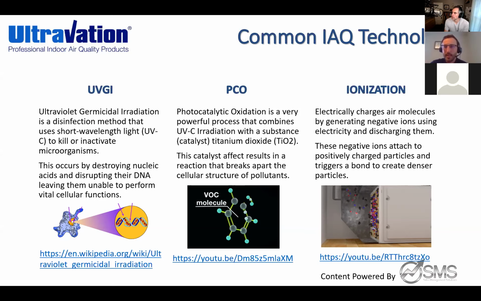And then we have ionization, which electrically charges air molecules by generating negative ions using electricity and discharging them. These negative ions attach to positively charged particles and trigger a bond to create denser particles. You will see ionization take place in our Orion product and in our Solaris product. So we'll go ahead and jump to the next.